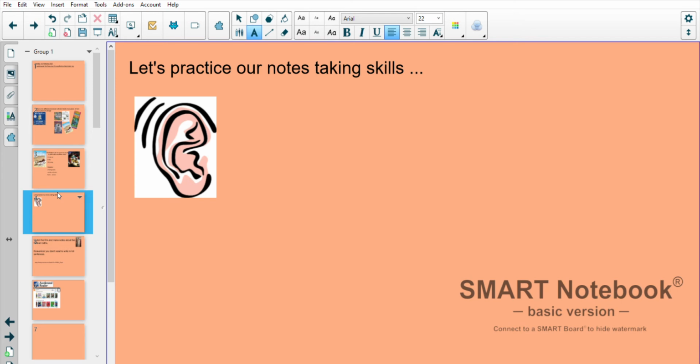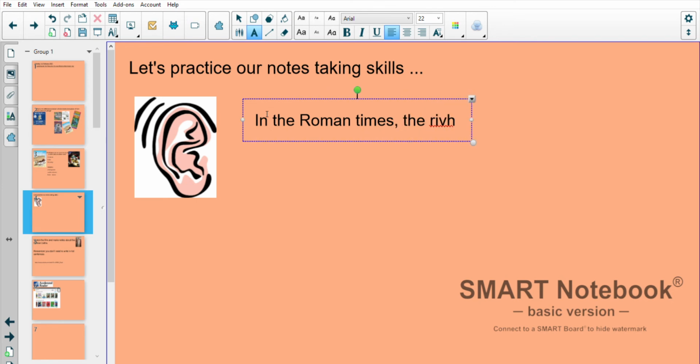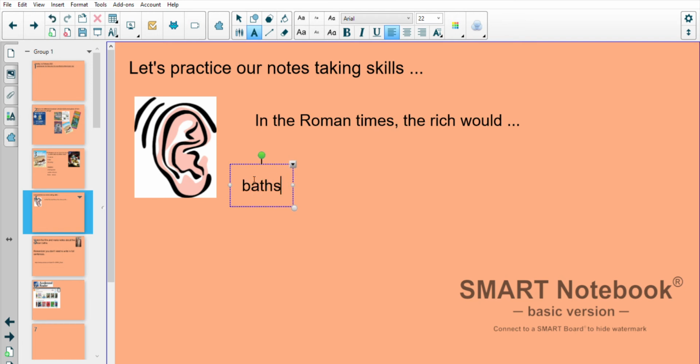Note-taking is a really key skill when listening to information or reading information that is a lot. When you're note-taking, you do not write in full sentences. I would not say, in the Roman times, the rich would have, blah, blah, blah. Okay? You don't do it. You would literally just say, if they had Roman baths, you just put baths and maybe Roman.